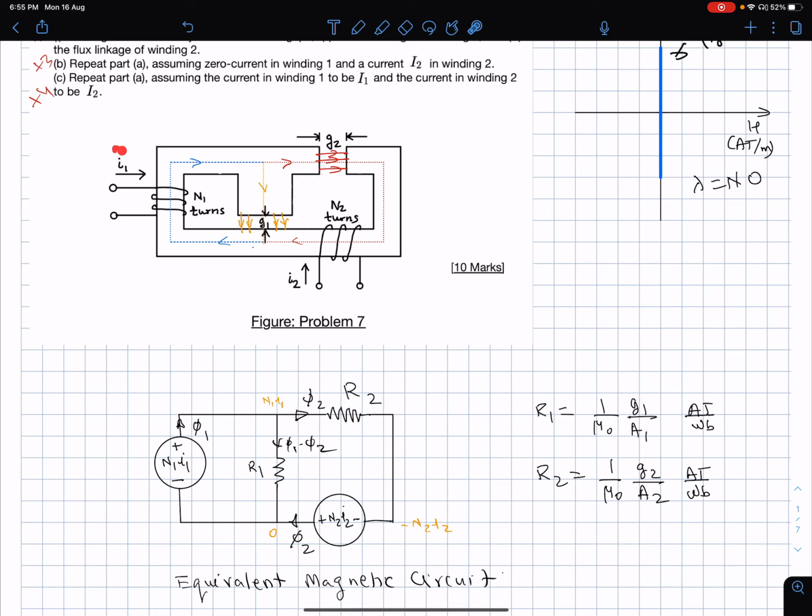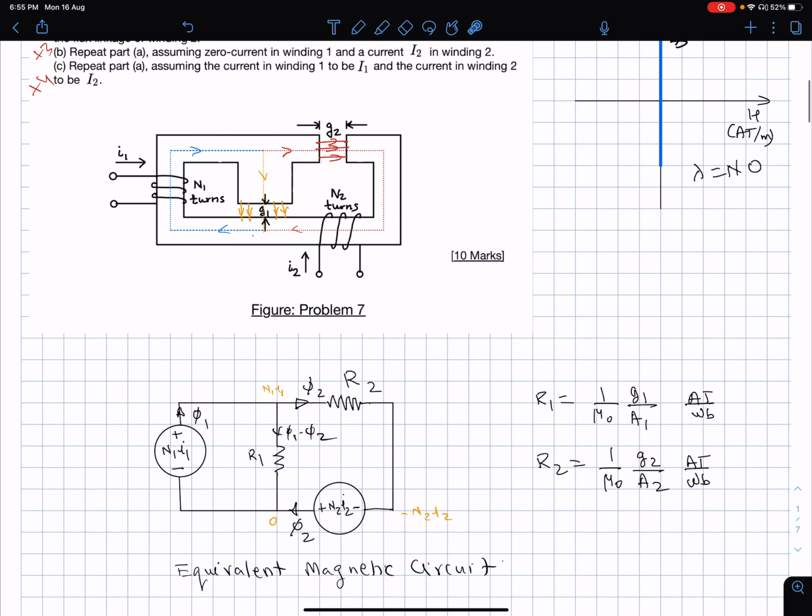So therefore, the effect of these two currents is to create additive flux in the common path and not subtractive flux. So keeping that, the reluctance of this path is 0.